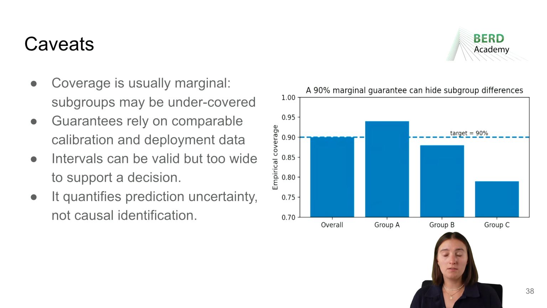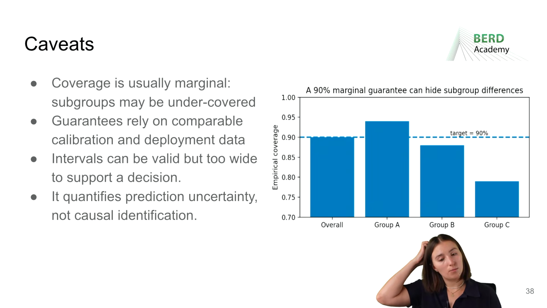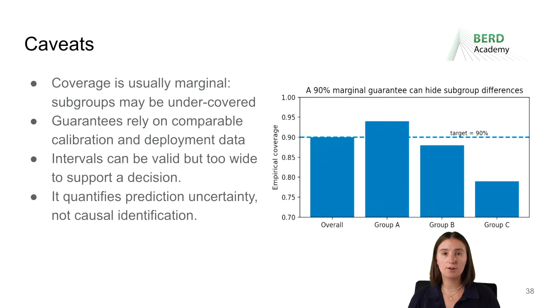So even though this is such a nice method, what are the caveats? We see that this coverage is usually marginal, which means that subgroups may be undercovered. So if we look at this graphic, we can see that this overall coverage is at 90%, so our intended interval. However, we have maybe some subgroups, which could be groups that you can build based on your variables, for example.